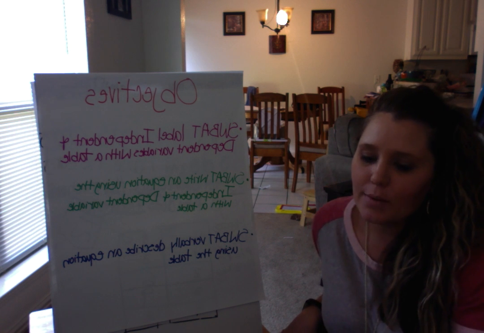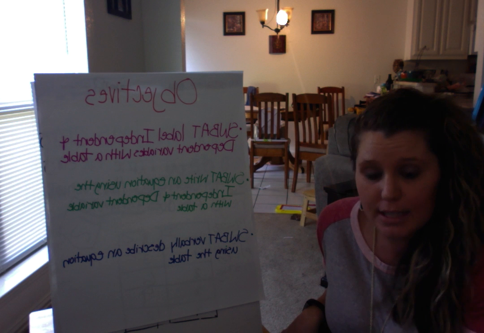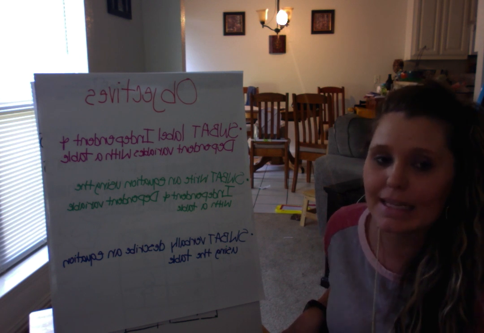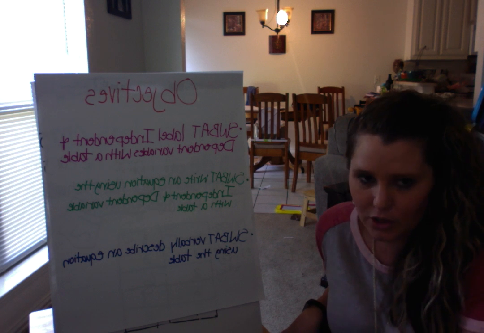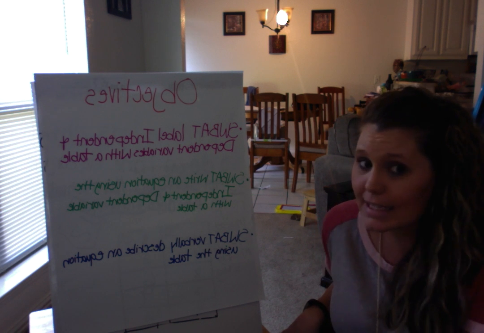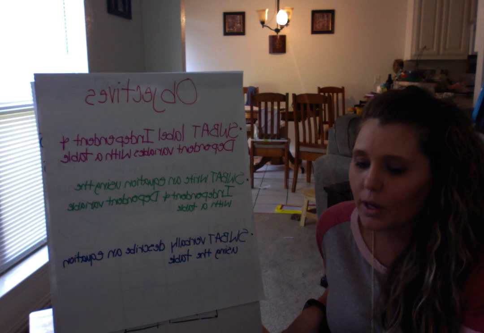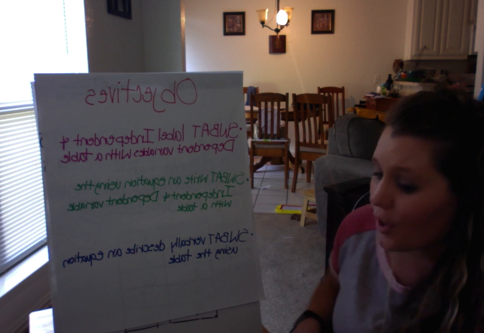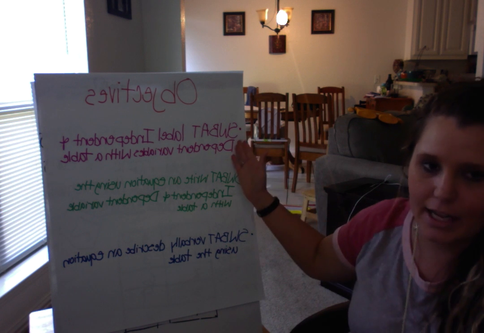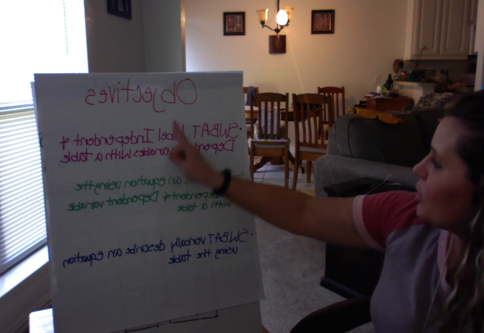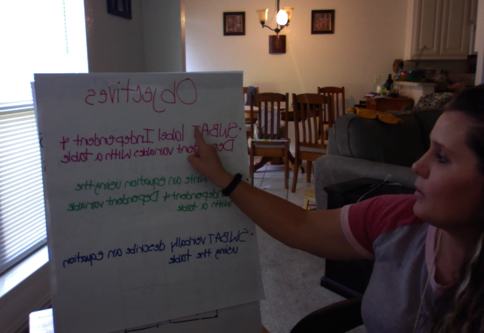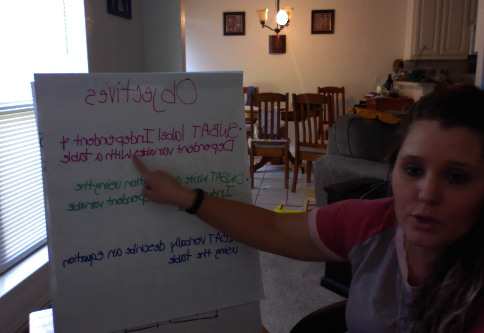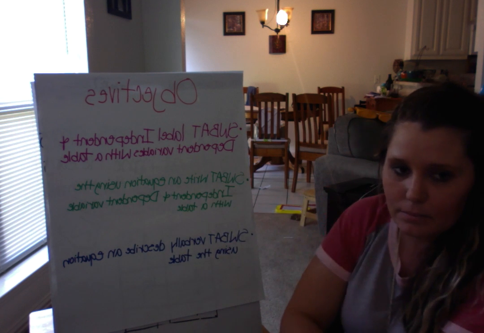Okay, so guys, today we're going to talk about algebraic relations and using independent and dependent variables to write and say equations. By the end of our math lesson today, we want to be able to do three things. Students will be able to label independent and dependent variables with a table.